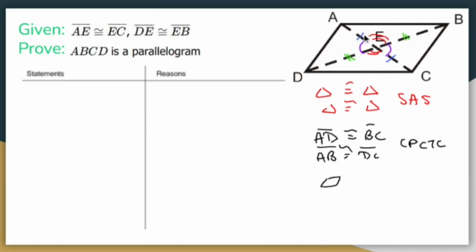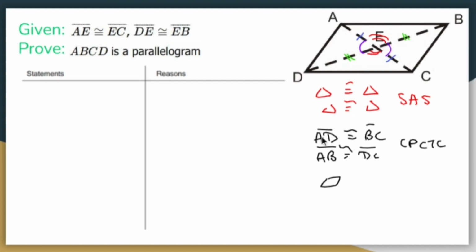This is the green and blue, the information I'm given. All right, I could use vertical angles to show that the purples are the same and the reds are the same. Now that I have side angle side four times, I could say the bottom triangle and the top triangle are the same. The left triangle and the right triangle are the same.